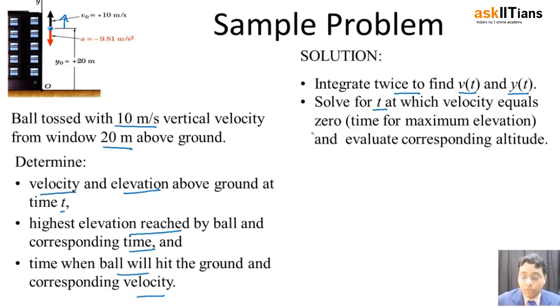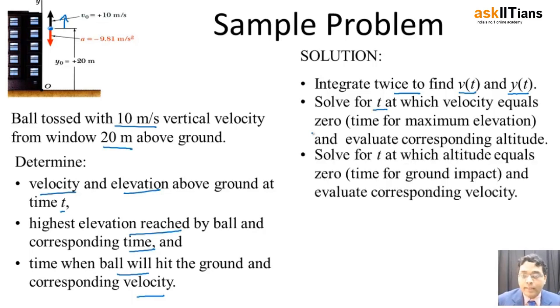That's the reason it's the highest point. Using that, you can find out the maximum height. Then you solve for time t at which the altitude equals 0, and therefore you find out the corresponding velocity. When the altitude becomes 0, what does that mean? It means that the body comes down.